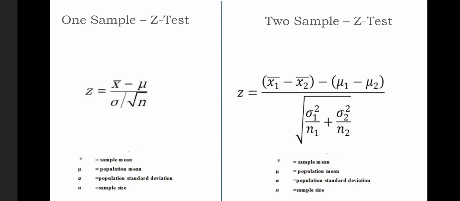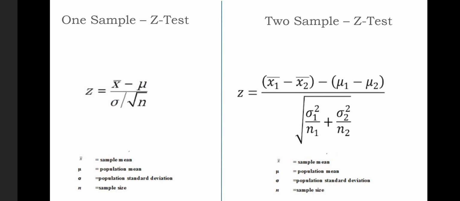Now let's shift our energy towards the next, the two sample tests. Here we have two populations, right? So we have two mu, right? Mu 1 minus mu 2.